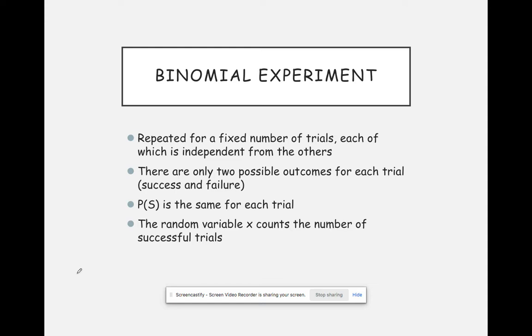The other criteria that need to be met is that we have just two possible outcomes for each trial, a success and a failure. And this doesn't necessarily mean that there's only two outcomes.